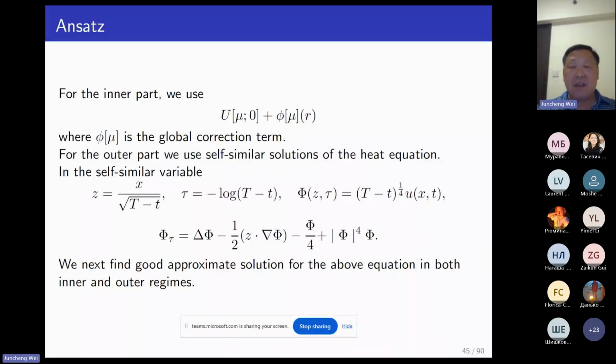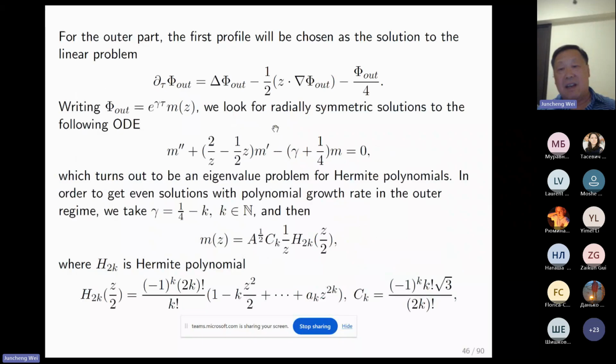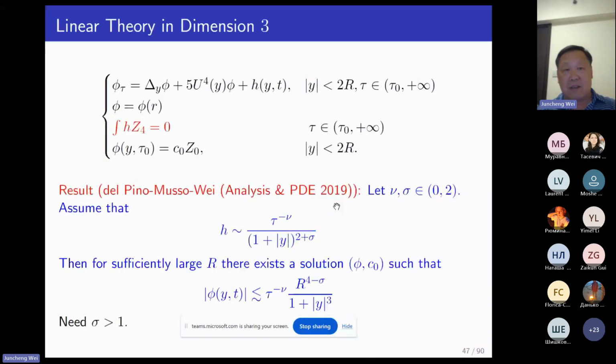You have to use the self-similar blowup for the heat equation, and you match it with the inner solution, and you get the blowup rate. The outer problem, self-similar for the heat equation, is related to the Hermite polynomials, and that's why you get all this quantized rate.